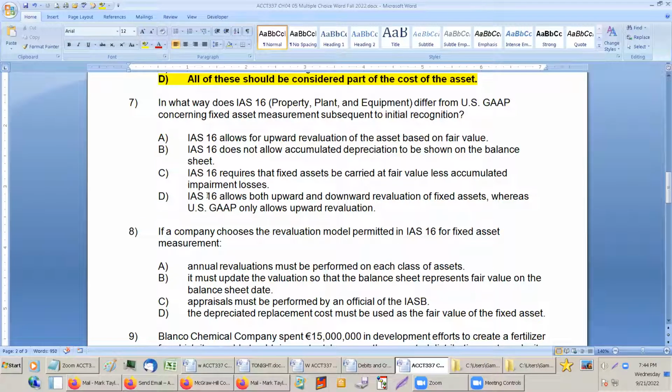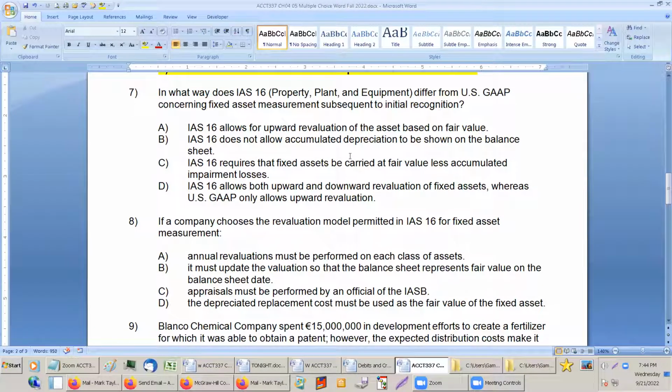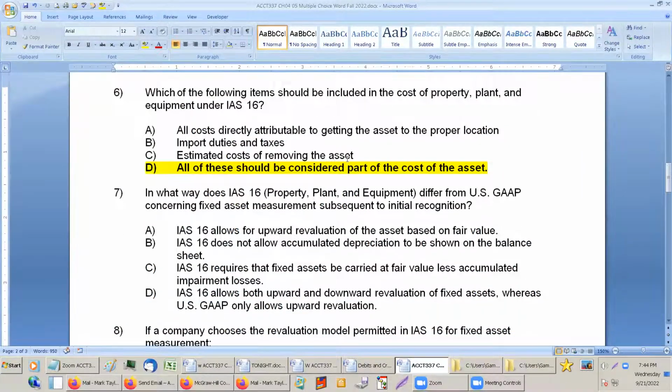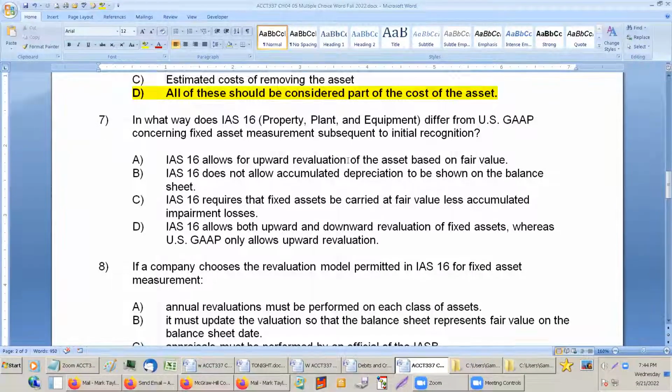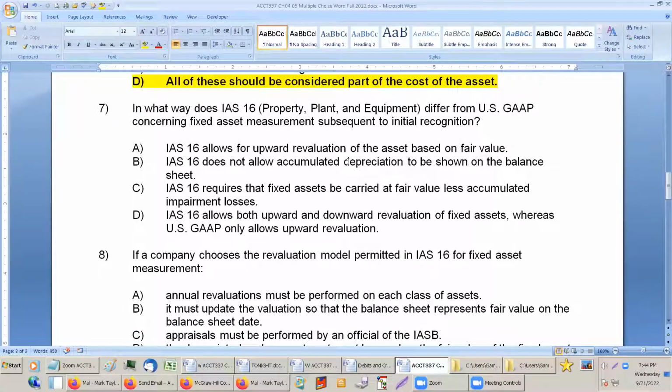Okay, in what way does IAS 16 differ from GAAP concerning fixed asset measurement subsequent to initial recognition? Is it D?